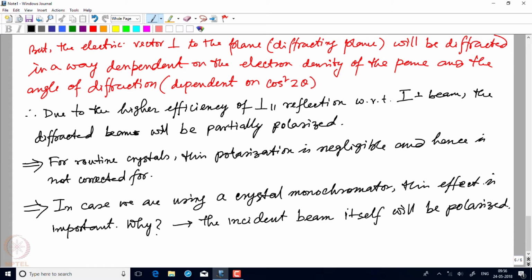And hence secondary polarization will take place. Secondary polarization will influence the diffraction data.